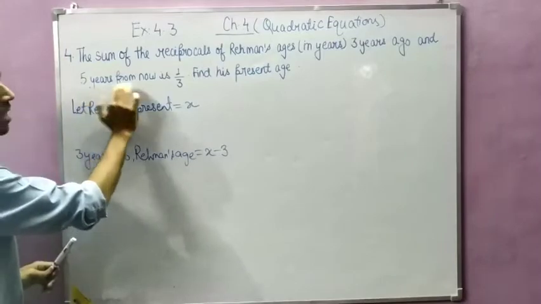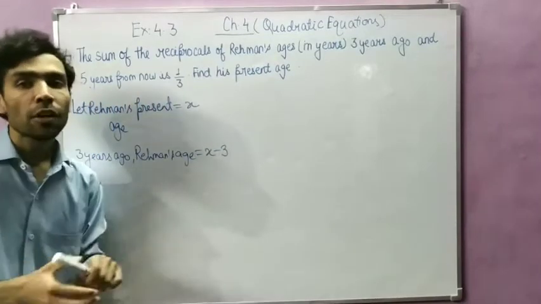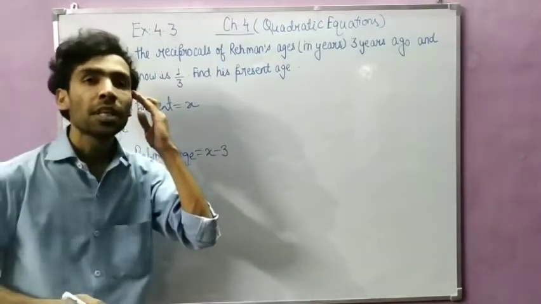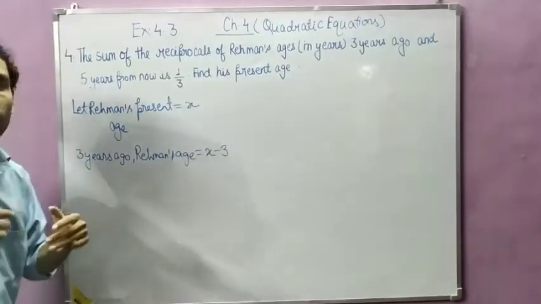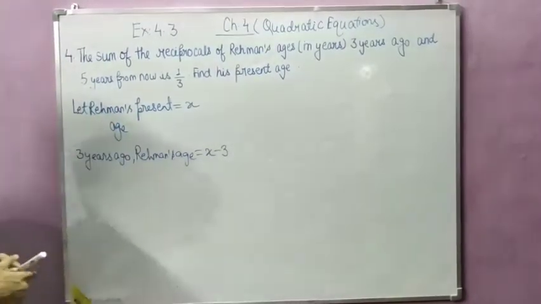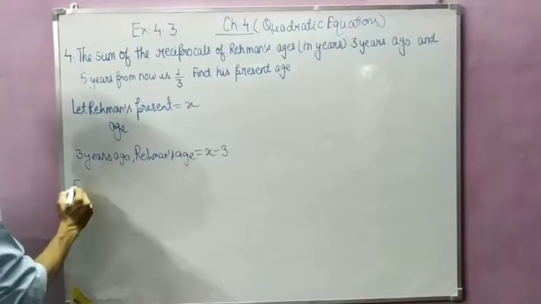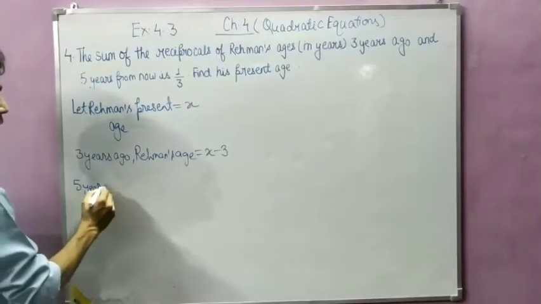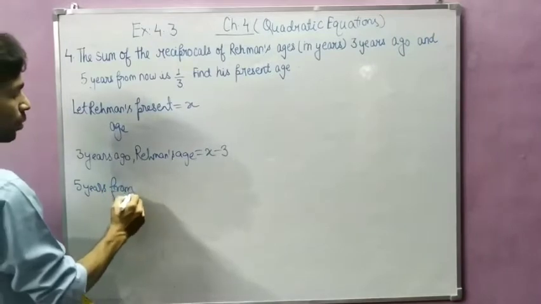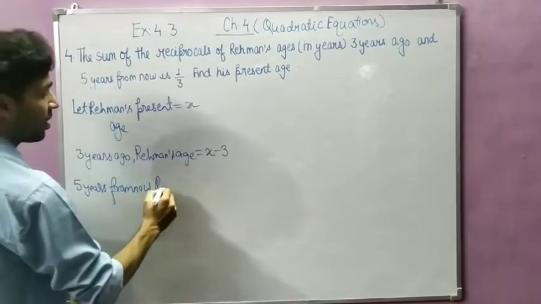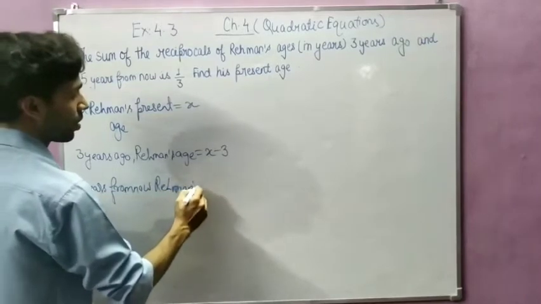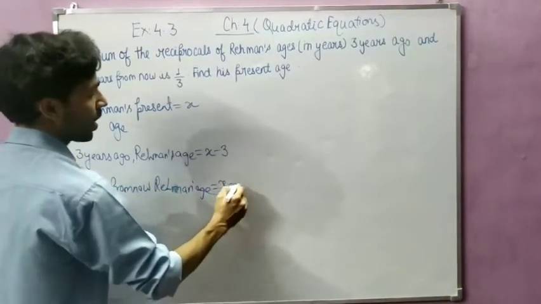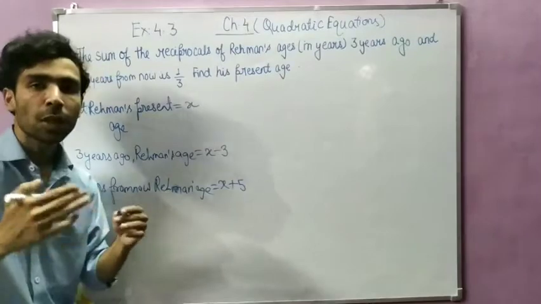And 5 years from now, what is the meaning of 5 years from now? The meaning is that you are talking about the future. So 5 years from now, Rahman's age will be x plus 5, because we are talking about the future.